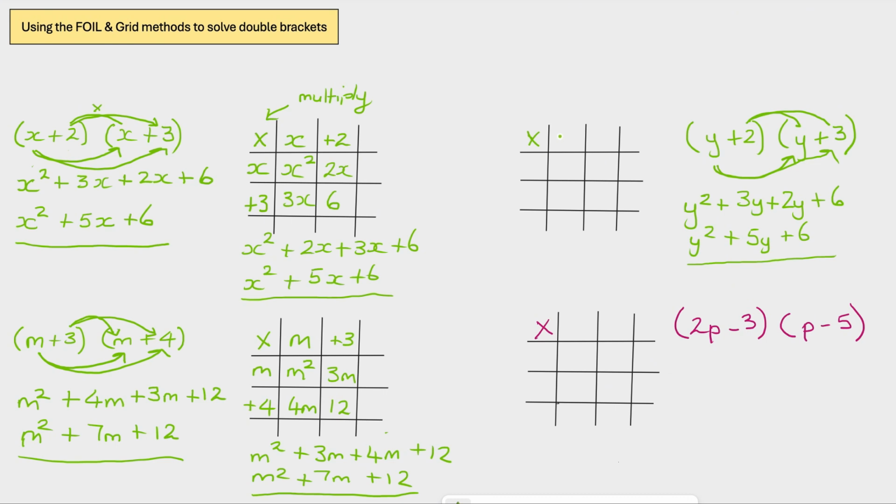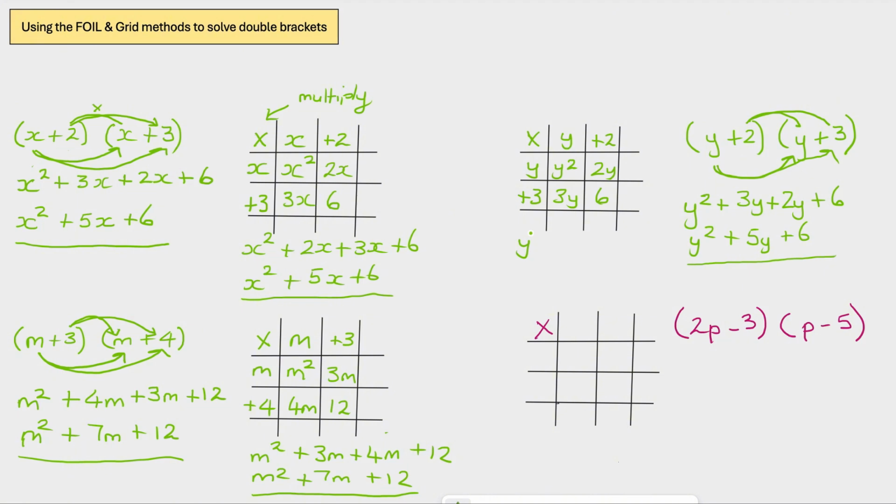So first bracket is here, y plus 2, and y plus 3. So we know it's a times. Y times y is y squared. 2 times y is 2y. 3 times y is 3y. And 3 times 2 is 6. Put it all together.